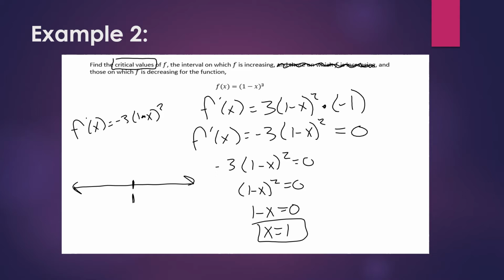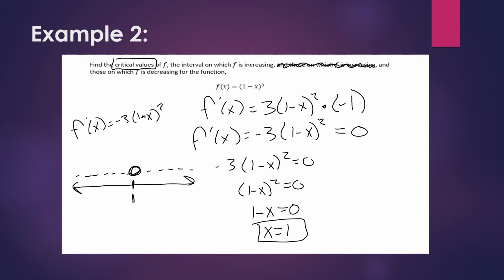So what happens if I plug in, let's say, 0? I would get negative 3 times 1 minus 0 squared. So that's negative 3 times 1, which is negative. I know that if I plug in 1, I'm going to get 0. That's my horizontal. And then plug in something bigger than 1, so let's say 2. 1 minus 2 is negative 1, squared is positive 1, times negative 3 is negative 3, so it's going to be negative.